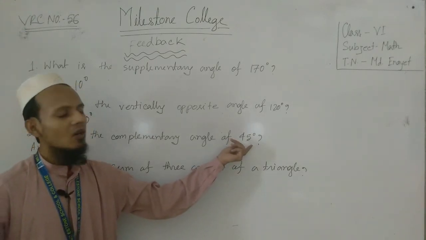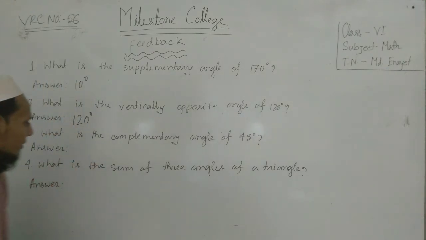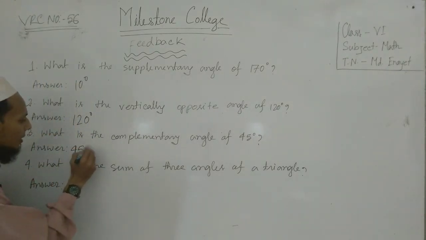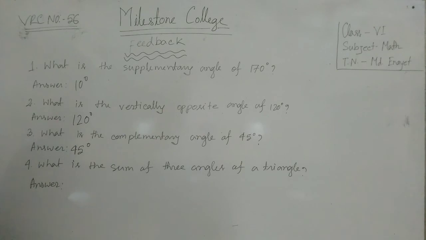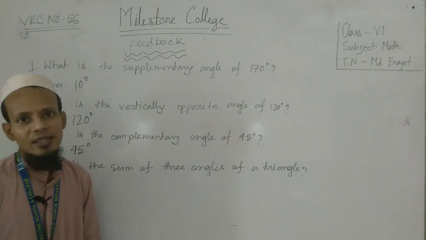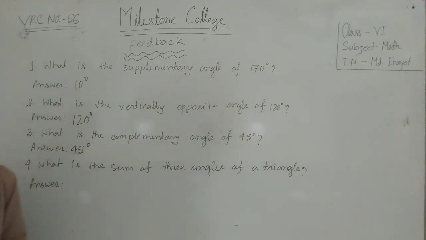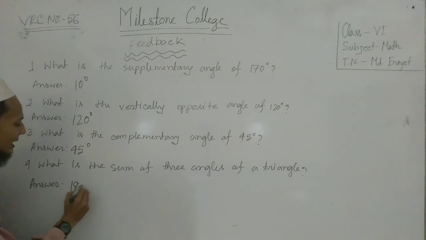So one of them is already 45 degree, another one will be, yes, 45 degree. Thank you for your correct answer. Now my last question is, what is the sum of three angles of a triangle? Yes, what will be the answer? Thank you, it will be 180 degree. So my dear students, thanks a lot for all of your correct answer of my feedback session.